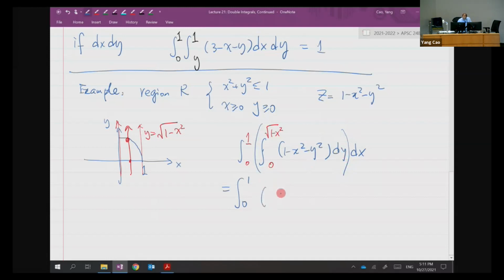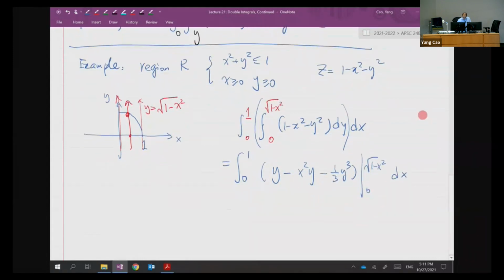So you get y minus x squared y minus 1/3 y cubed, and then plug in the limits. Our limits are 0 to the square root of 1 minus x squared. So from the first term you end up with just the square root of 1 minus x squared.